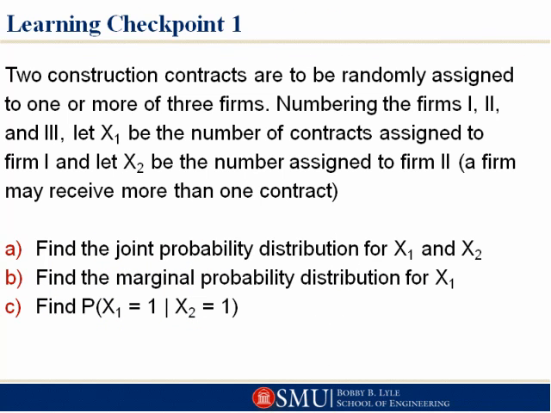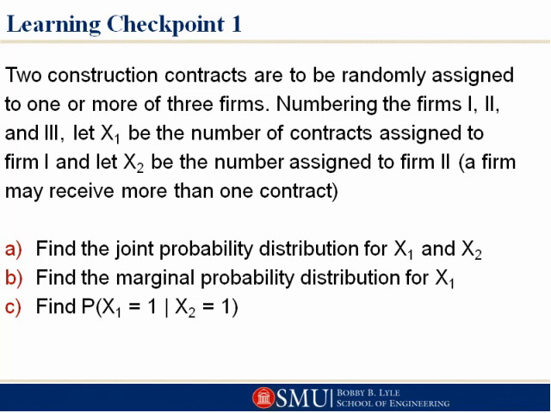Okay, so we have a learning checkpoint here. Two construction contracts are to be randomly assigned to one or more of 3 firms. Numbering the firms 1, 2, and 3, let x1 be the number of contracts assigned to firm 1, and let x2 be the number assigned to firm 2. A firm may receive more than one contract.